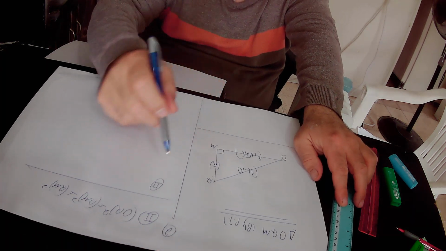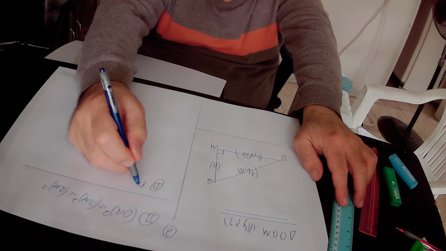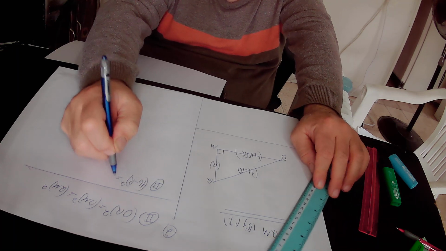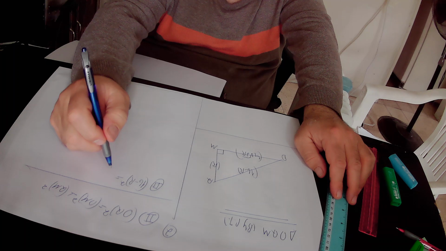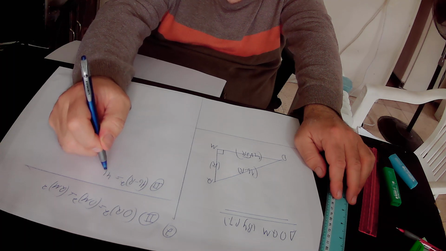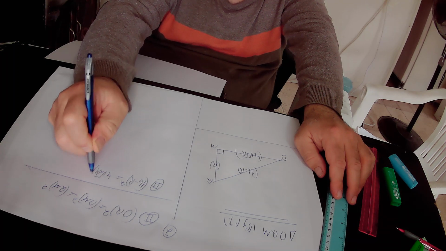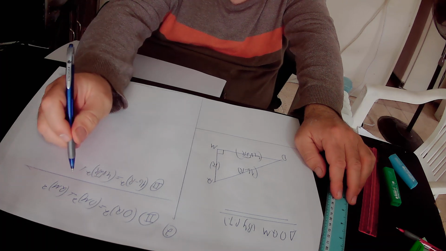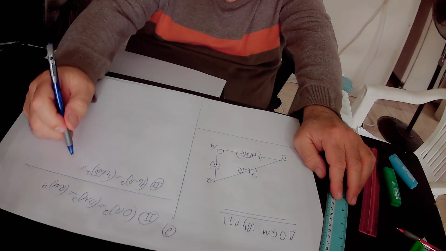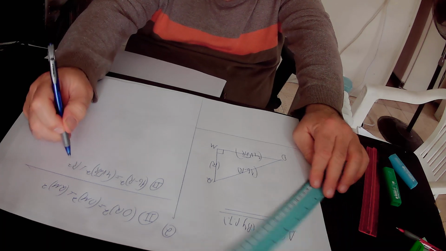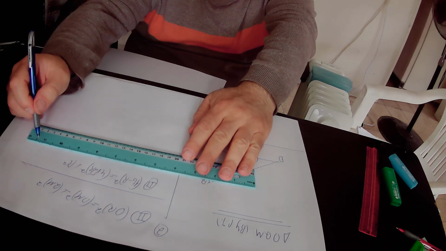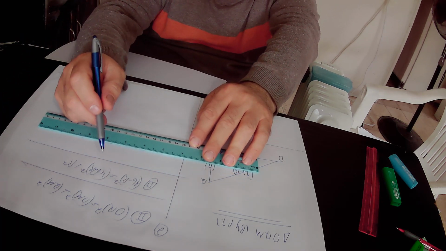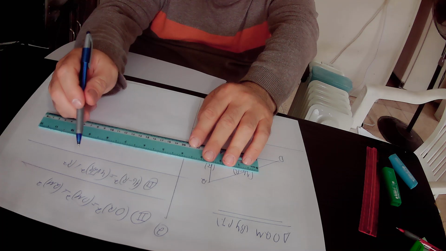OQ equals 16 minus R, therefore OQ square equals (16 minus R) square, and it is equal to OM square. OM is 4 times square root of 2R, therefore OM square is (4 times square root of 2R) square, plus QM square. QM is R, therefore QM square is R square. So according to equation 2, we found out that (16 minus R) square equals (4 times square root of 2R) square plus R square.